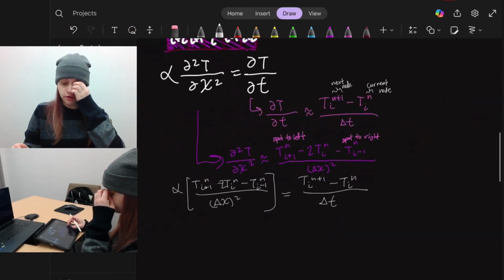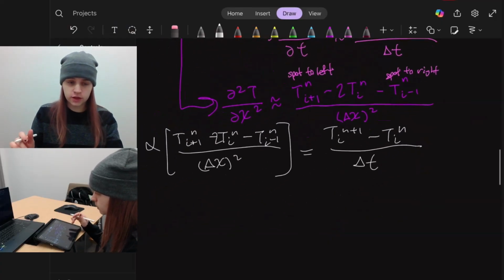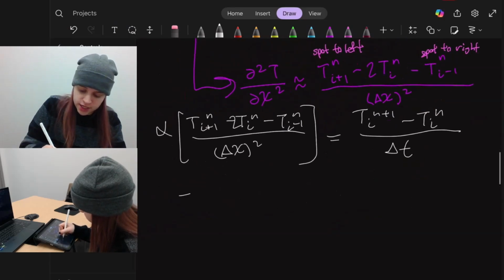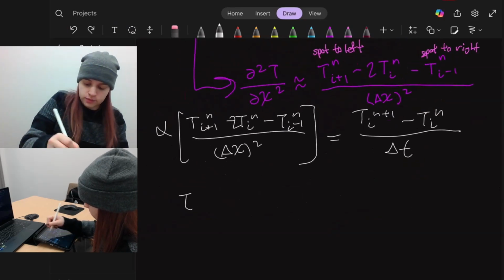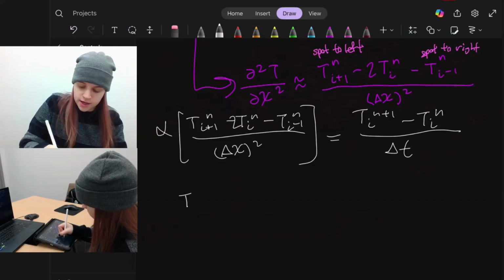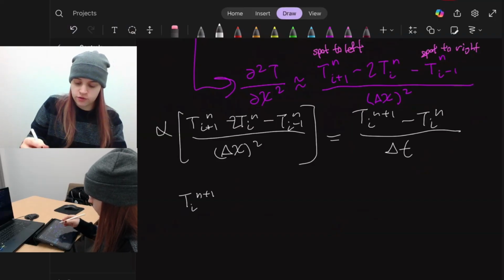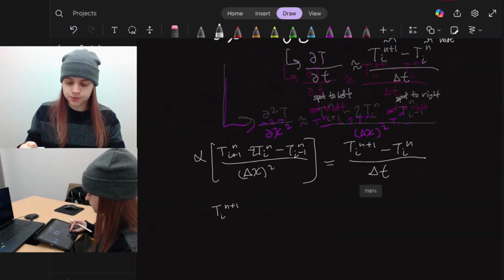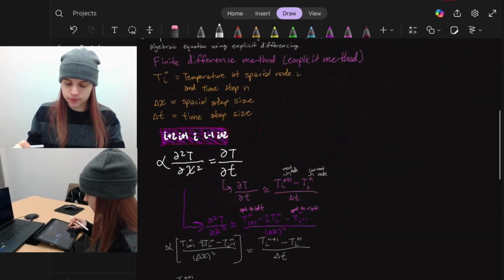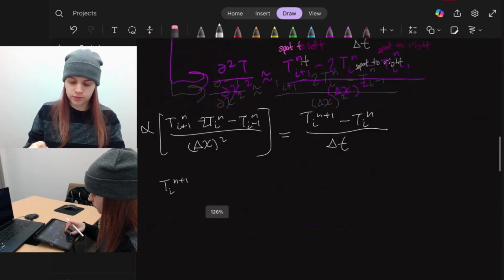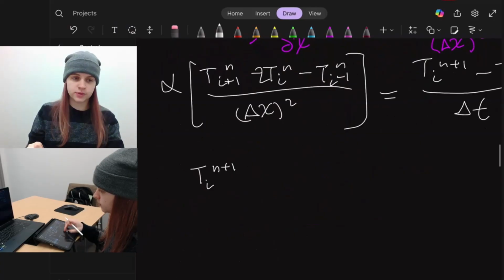And we are going to solve this specifically for T_i to the n plus 1. So we're solving for the next time step, the following time step.